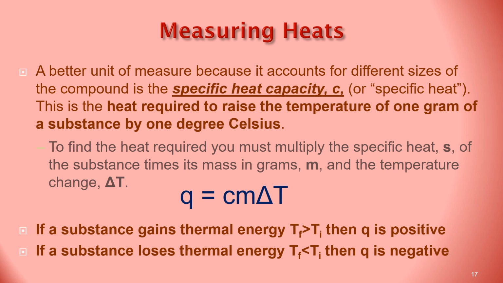So again, remember, if a substance gains heat, that means Tf is greater than Ti, the final minus initial is positive, delta T is positive, so Q is positive. If a substance loses energy, that means the final temperature is lower than the initial temperature, so delta T will be negative, and therefore Q is negative.